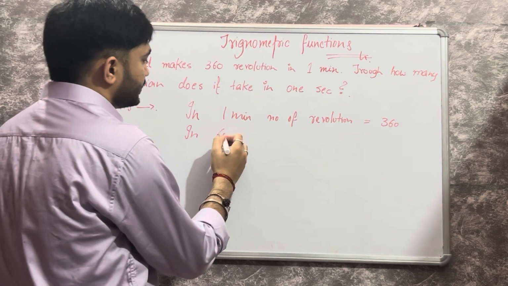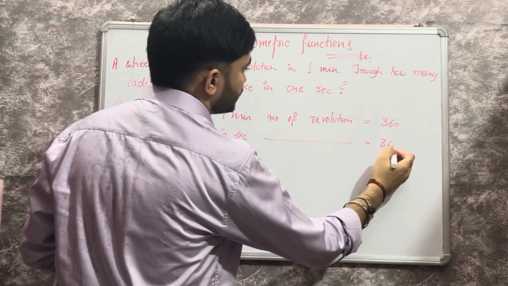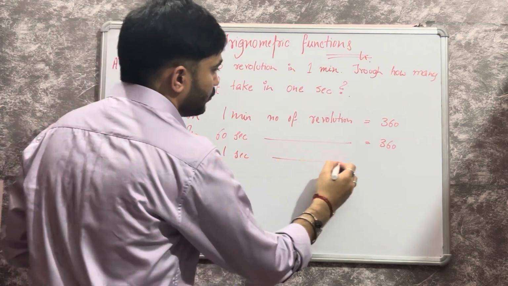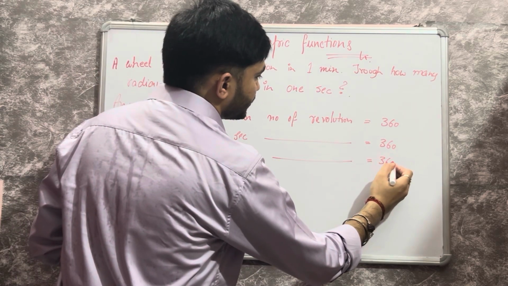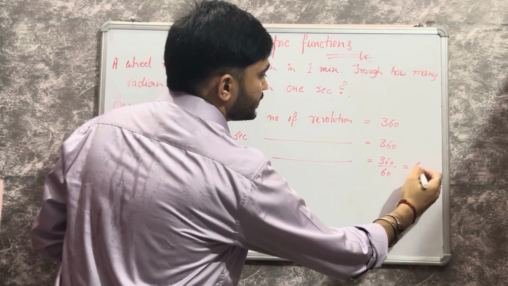In 1 minute there are 60 seconds. So in 60 seconds number of revolutions are 360. In 1 second the number of revolutions will be 360 divided by 60, that is equal to 6 revolutions.